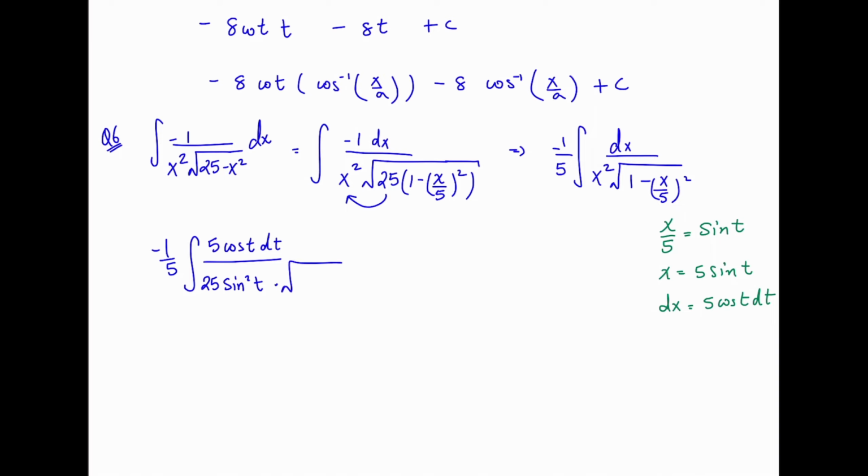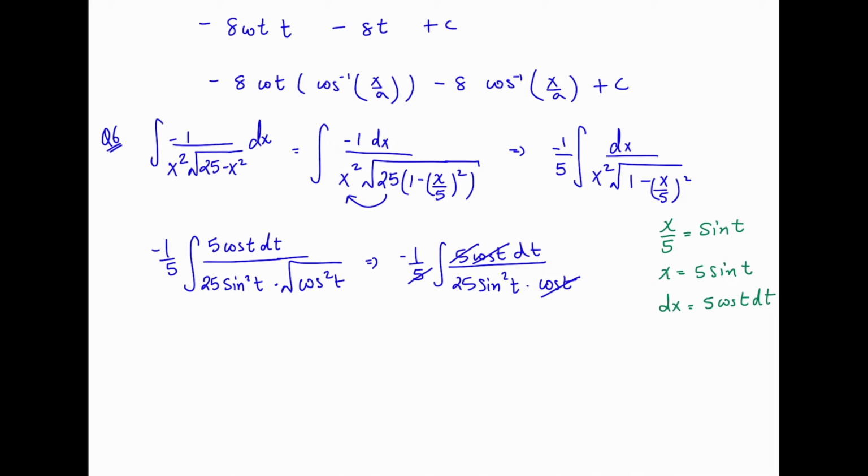Square root of 1 minus sine squared t is cos squared t. Negative 1 over 5 cos t dt over 25 sine squared t times cos t. This goes away with that.